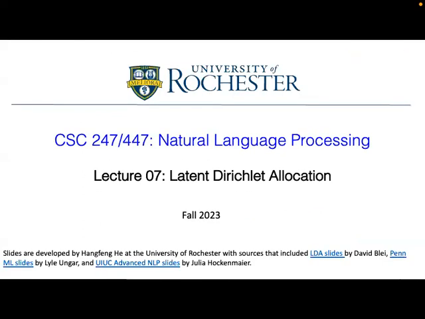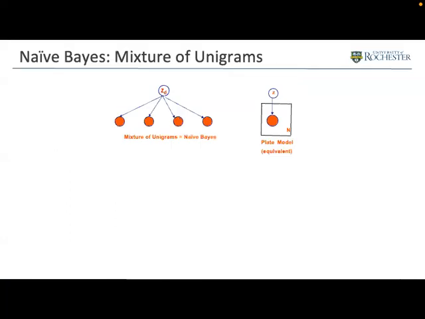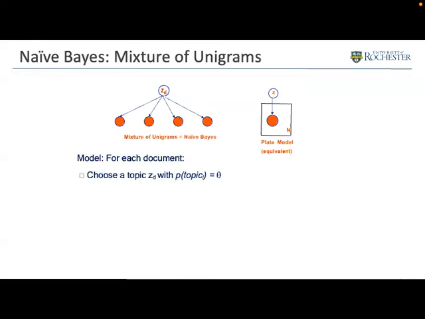So the second part of today's lecture is the LDA model. Just a recap of naive Bayes. Naive Bayes is also called a mixture of unigrams.